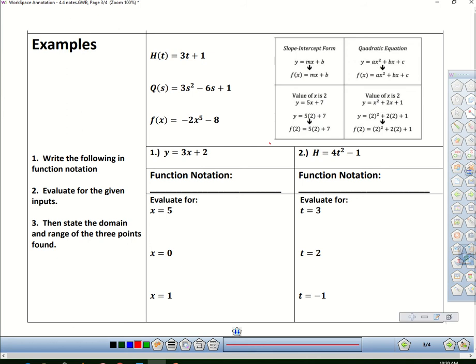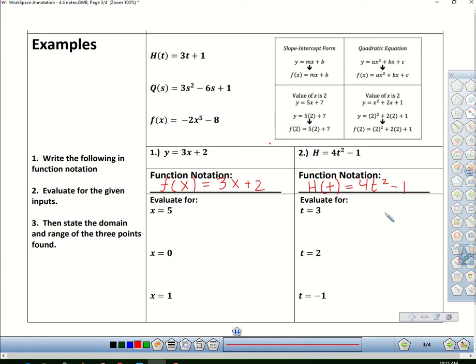So function notation is where we replace the y with f of x, so it's going to be f of x is equal to 3x plus 2. That's what goes on the line. Now on the other line we have h is equal to 4t squared minus 1. So this is going to be h of t is equal to 4t squared minus 1.